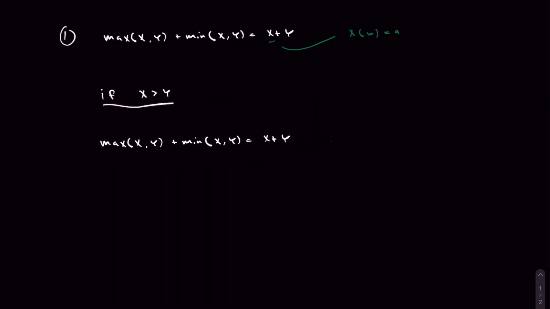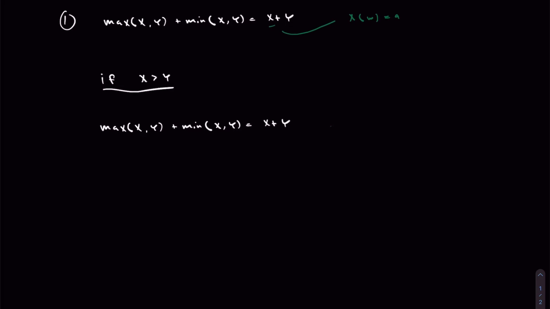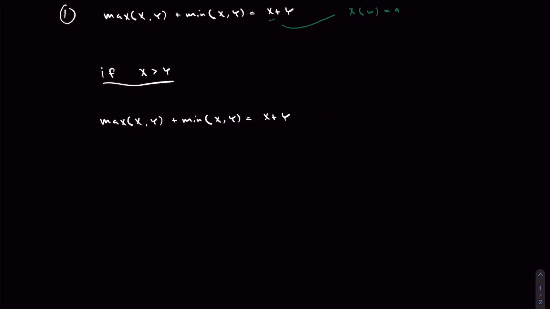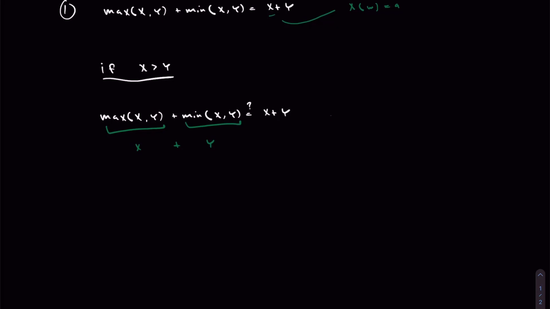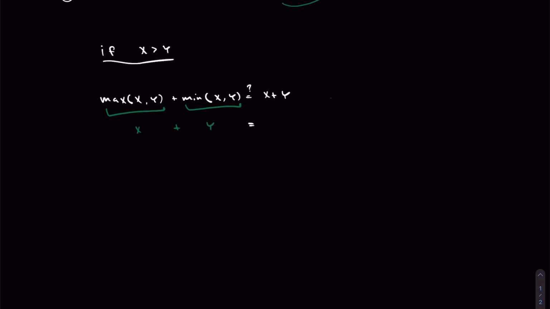So if x now is larger, well, the max has to be equal to x, right? And the min has to be equal to y. So here I'm just going to write a question mark, and here indeed we can say with an exclamation mark that x plus y is equal to x plus y.